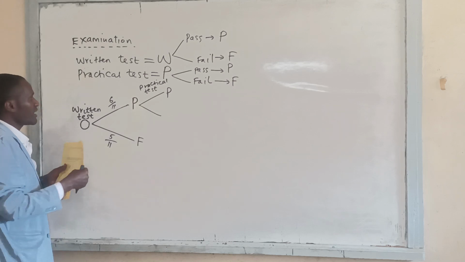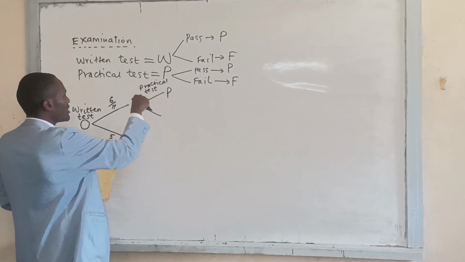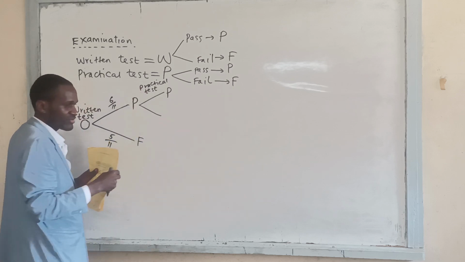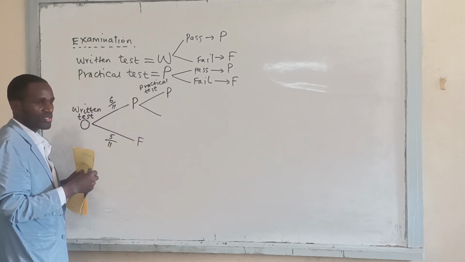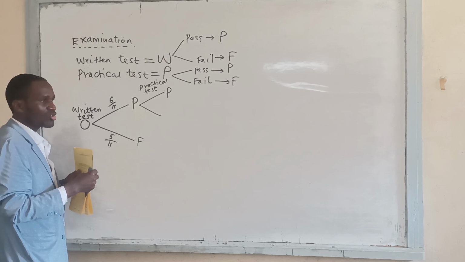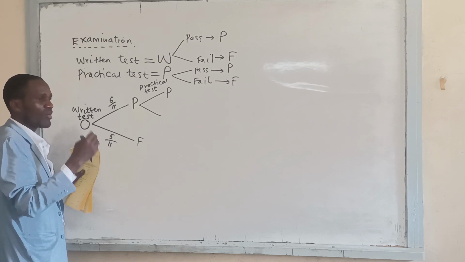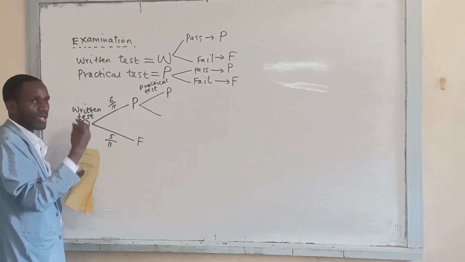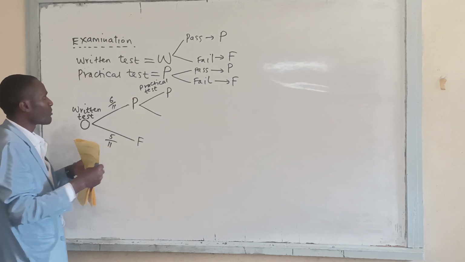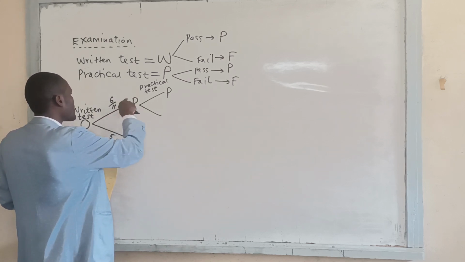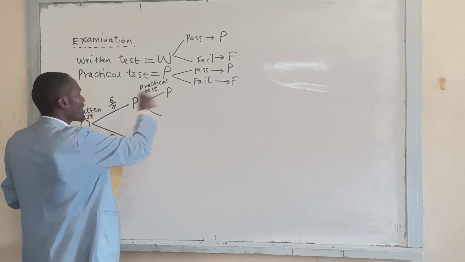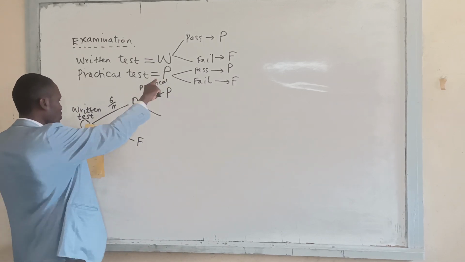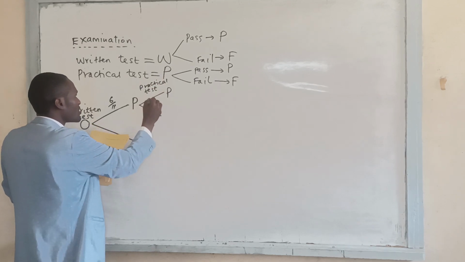And this written test is directly associated with the practical test. They are dependent on each other. You get the point? The ability of a particular event occurring depends on another occurrence still occurring. So if I pass the written test, then I can also pass the practical test, and this probability is 3 over 5.